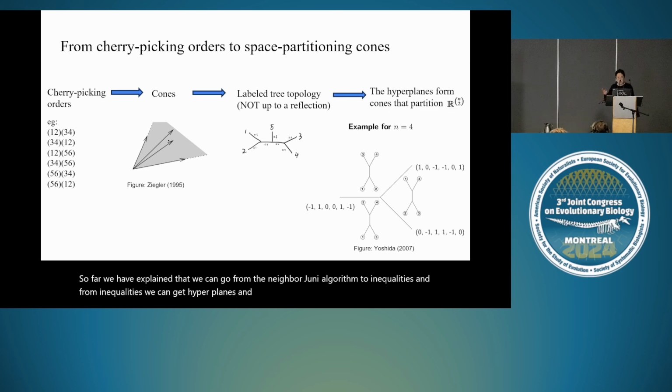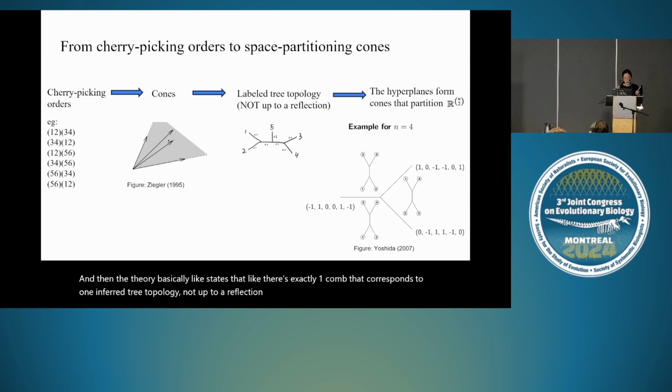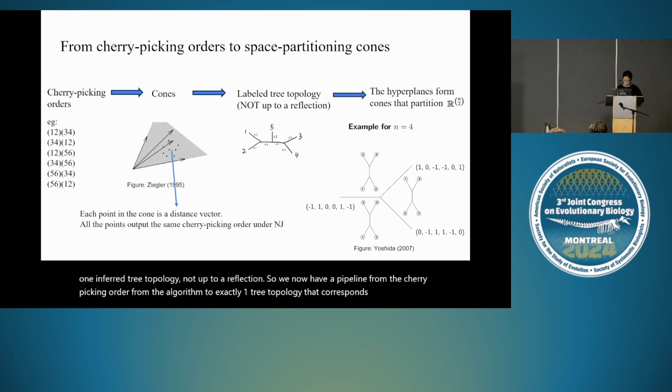And from hyperplanes, we can get these cones. And then the theory basically states that there's exactly one cone that corresponds to one inferred tree topology, up to a reflection. So we now have a pipeline from the cherry-picking order from the algorithm to exactly one tree topology that corresponds to a cone.